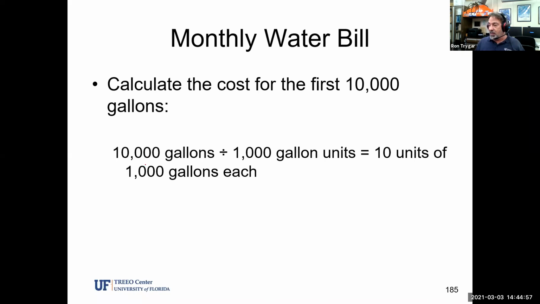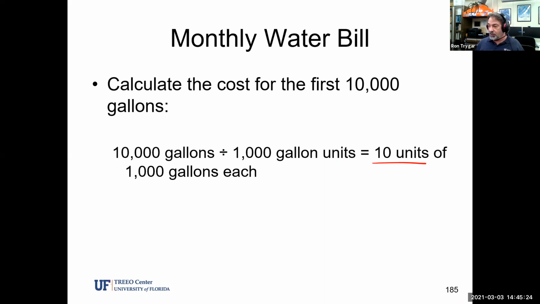So if we have 10,000 gallons and we're basing everything on 1,000-gallon units, let's figure out how many units of 1,000 gallons we have. 10,000 divided by 1,000 gallons per unit is going to be 10 units. So far, so good.